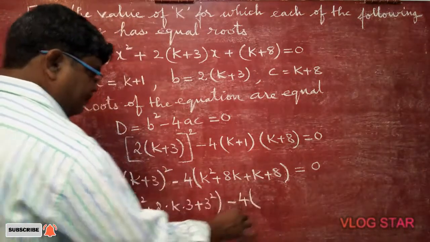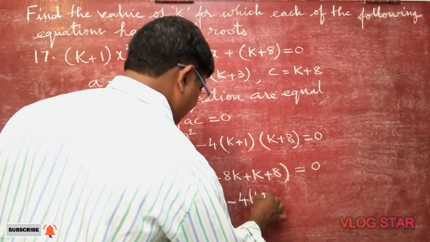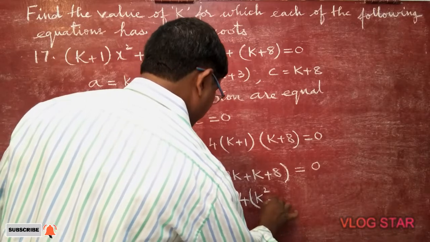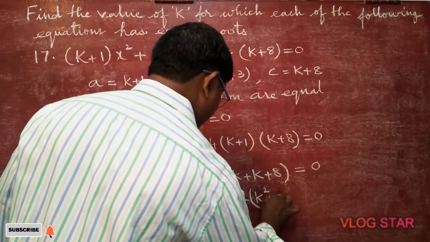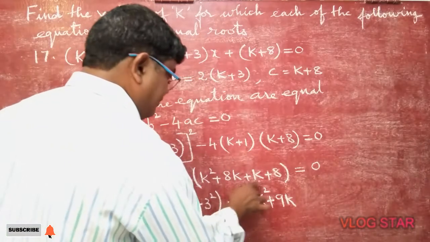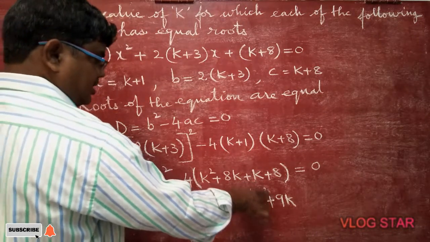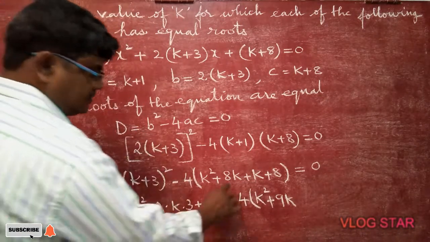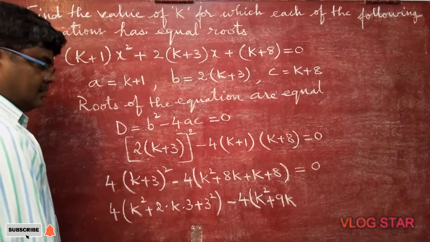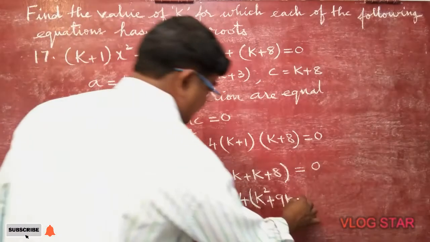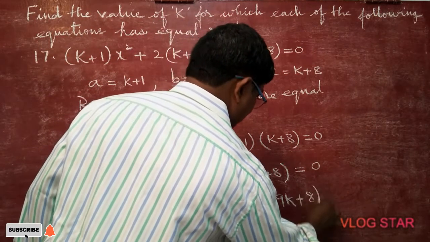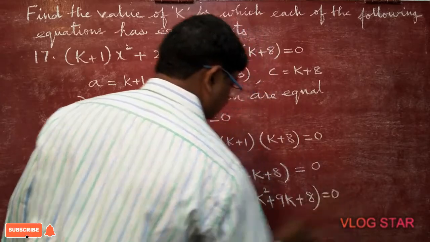Inside, like terms are there, no? 4 minus 4 into k square plus 9k. How did 9k come? 8k plus k is 9k. 8 chocolates plus 1 more chocolate, 9 chocolates. Chocolates you'll understand, k you can't understand. These two are like terms. Plus 8 is equal to 0.